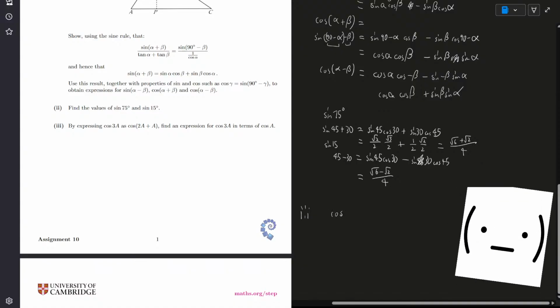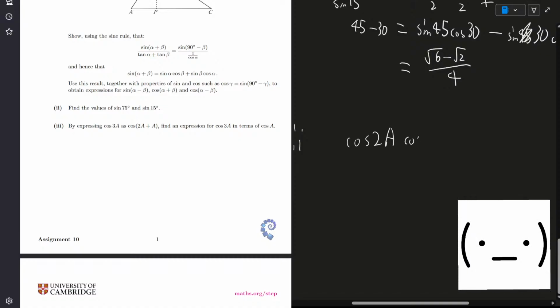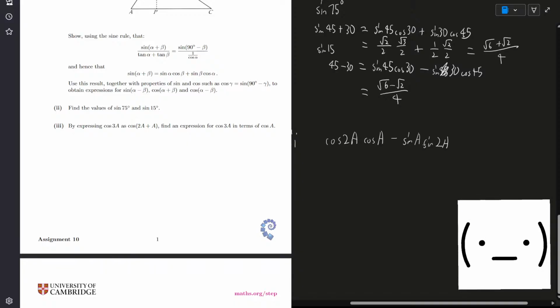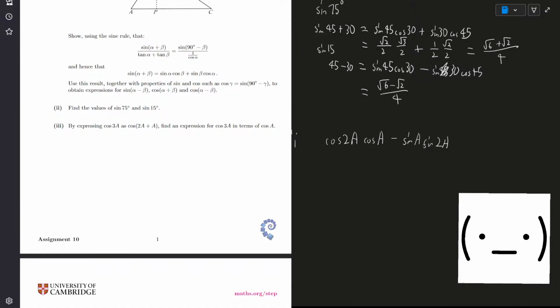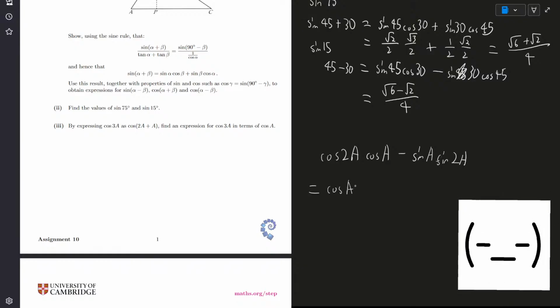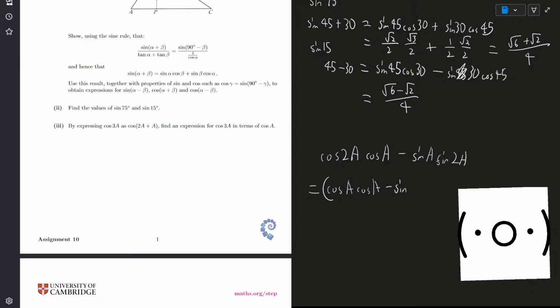Once again, a bit of simple plugin. Plug it in.